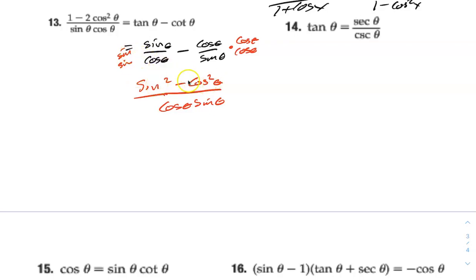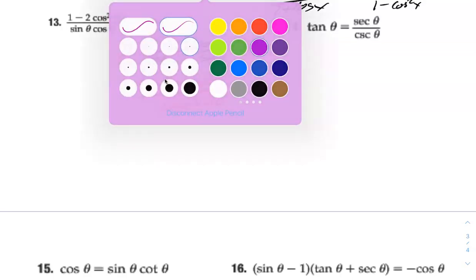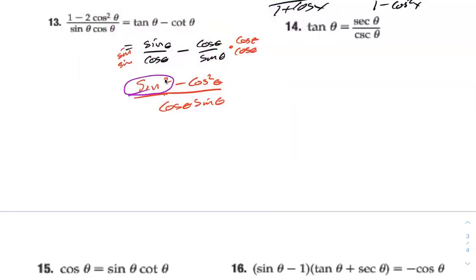And on the top one, I got sine squared minus cosine squared. But that's not what they have here. They have only cosine. So I got to change the sine squared. What does sine squared equal? 1 minus cosine squared. Then you could add it. So now on top I have this.